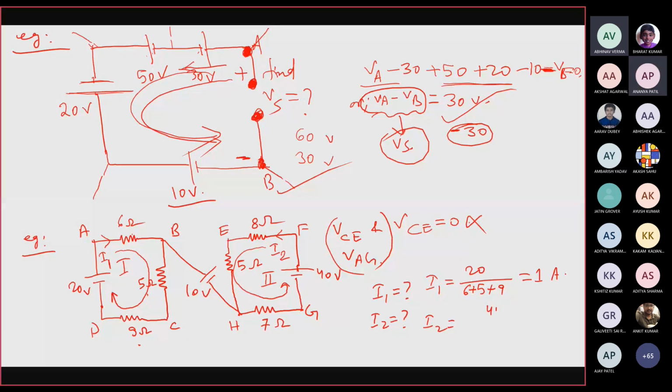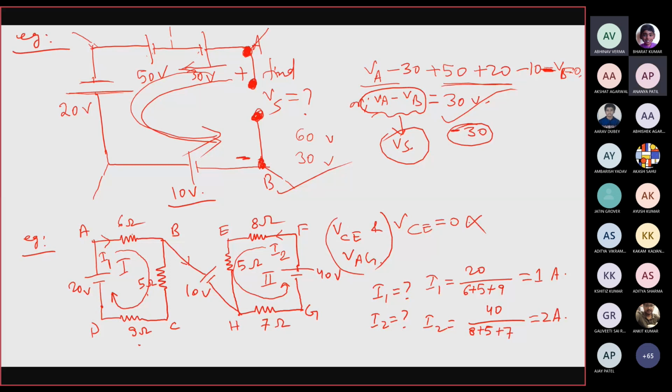That is 40 by 8 plus 5 plus 7, that is 2 ampere, right? So the value of the current flowing through this BH part of the circuit will be 0, right?